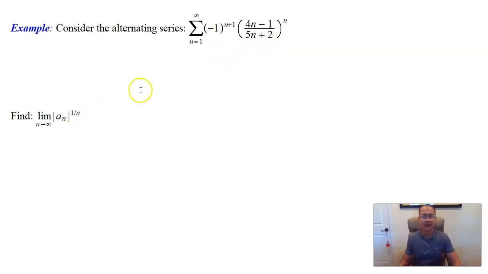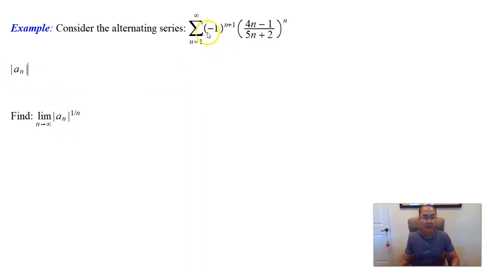Which is why the root test is very useful when we have series that look like this, where something is being raised to the nth power, or something related to that, as we will see in our next examples. All right, so we need the absolute value of the terms, and then we'll take the nth root.